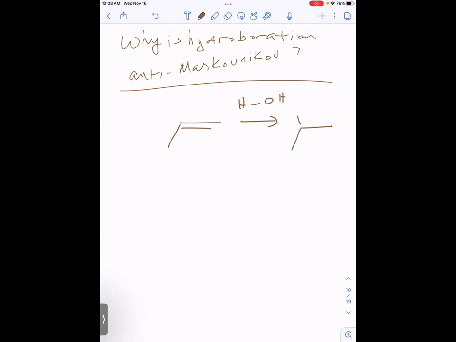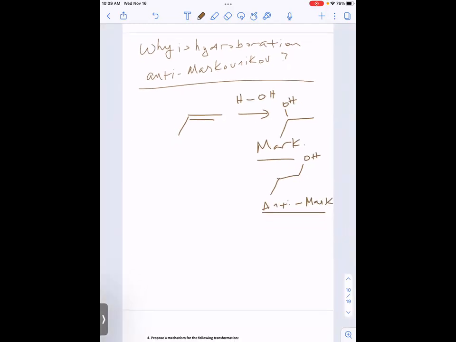If the OH adds here to the more substituted carbon, then it's Markovnikov. If it adds to the least substituted carbon, then it's anti-Markovnikov, right? I just want to make sure we understand that terminology.